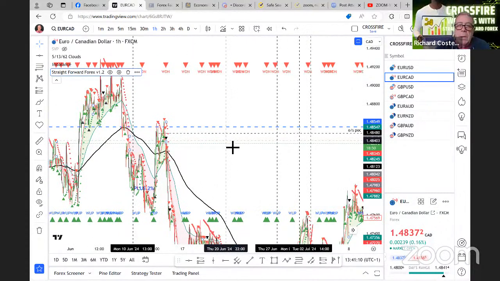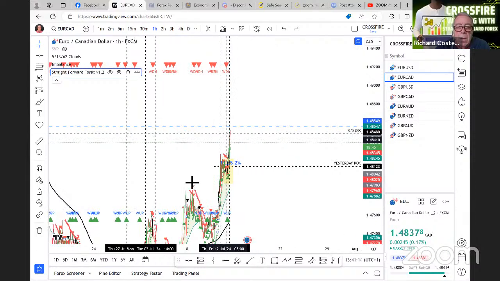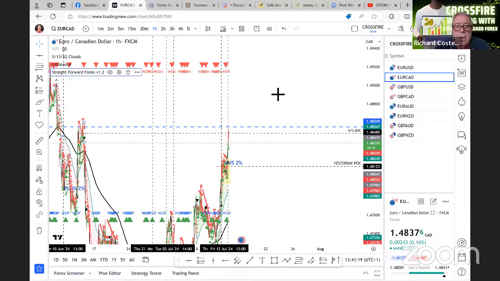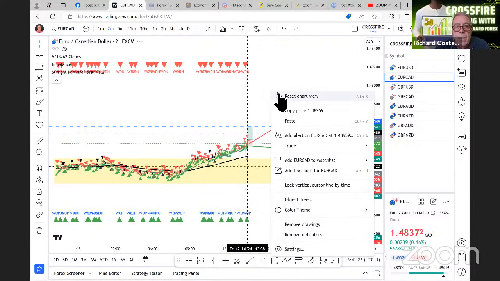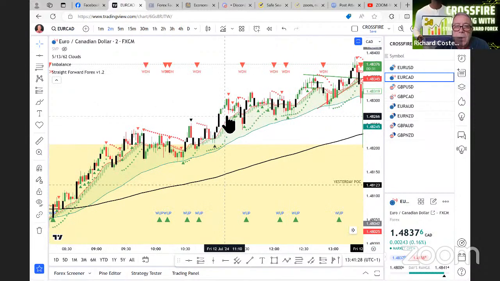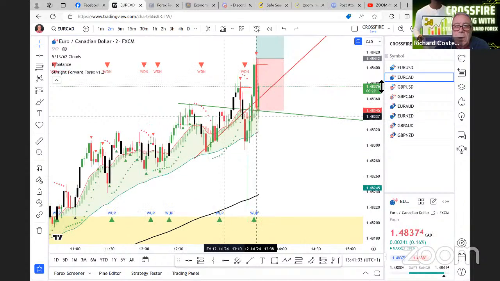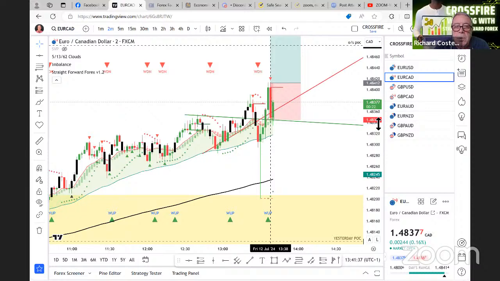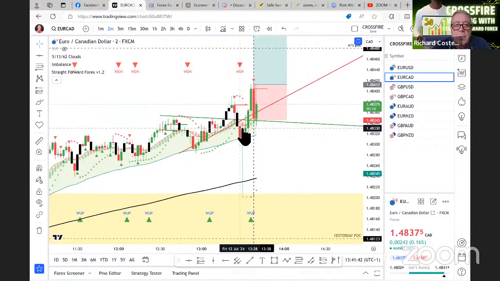Just try and go back to today. There we go. I'm going to go back to a 2-minute chart and reset. Right, so had I got in that trade, I would have been taken out because price has just been back down below my green trend line.